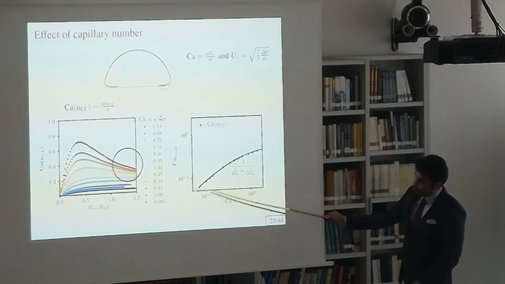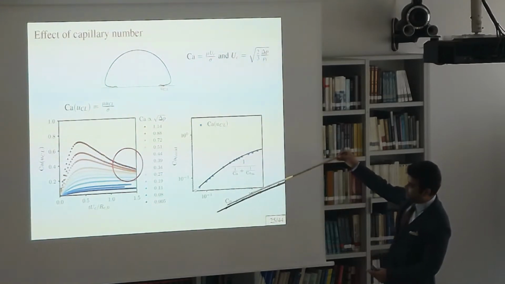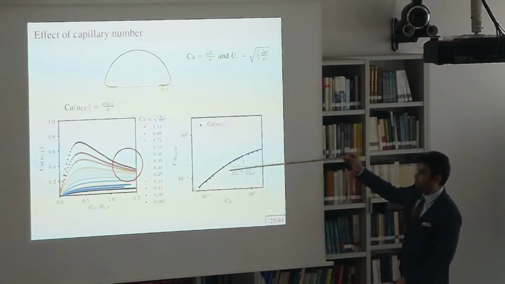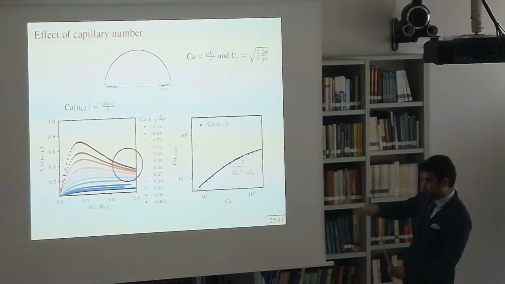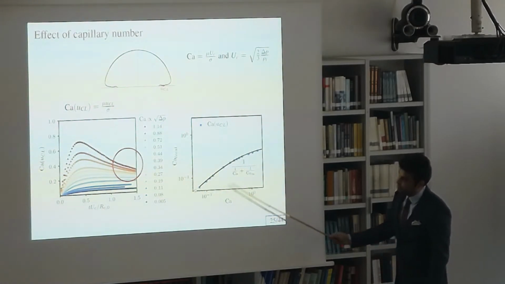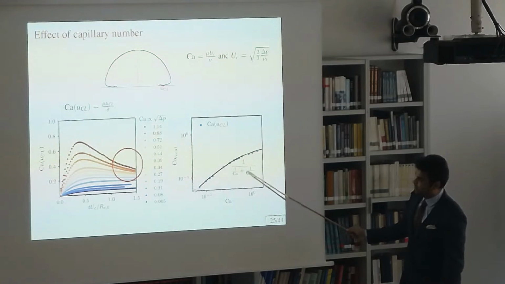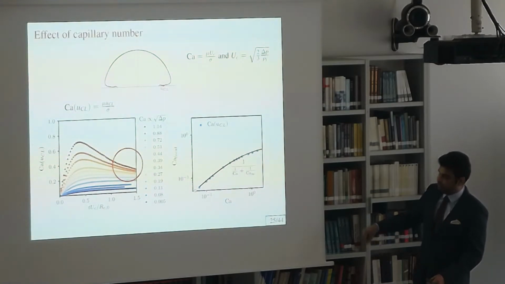For small capillary numbers, it grows almost linearly, and for large, we see a sort of asymptotic plateau that is reached, and we can predict this plateau if we fit the data with a harmonic average, where Ca infinity is the value of the plateau that one would achieve when the capillary number is very large.